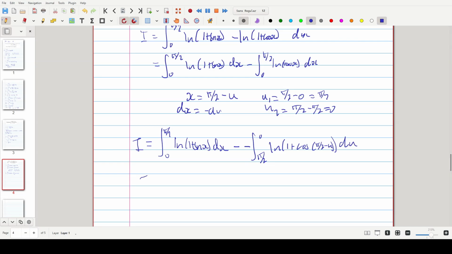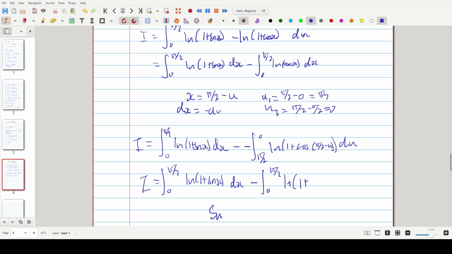then we're just going to swap the bounds again, so we get the integral from 0 to pi over 2 of ln(1 plus sin x) dx minus the integral from 0 to pi over 2 of ln(1 plus, now notice cos(pi over 2 minus u) is just the same as sin u, because they're just translated along from pi over 2 from each other, if that makes sense.